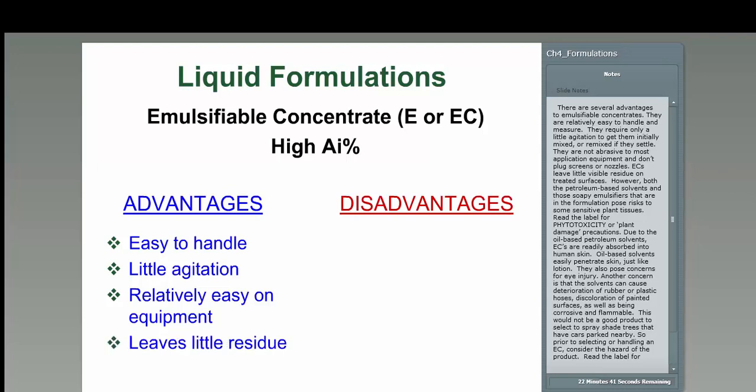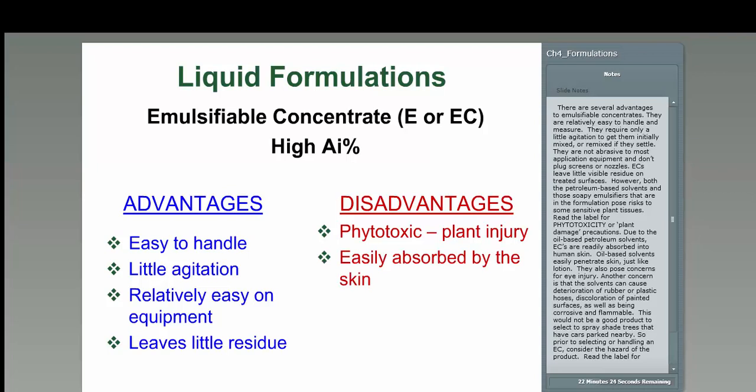However, both the petroleum-based solvents and those soapy emulsifiers that are in the formulation pose risks to some sensitive plant tissues. Read the label for phytotoxicity or plant damage precautions. Due to the oil-based petroleum solvents, ECs are readily absorbed into human skin. Oil-based solvents easily penetrate skin just like lotion.